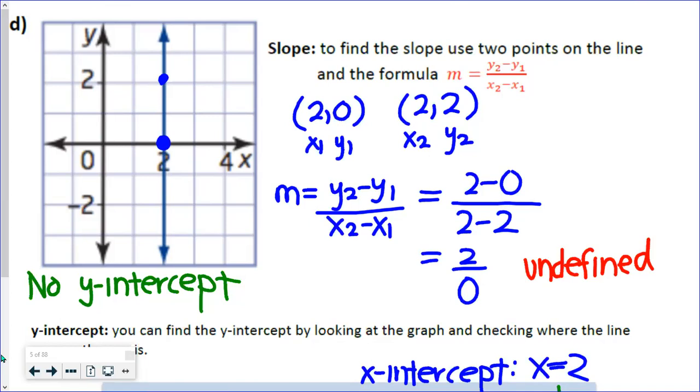Okay, so this time, what I wanted to ask you, do we have a leftmost point? No. Both points have an x coordinate equal to 2.